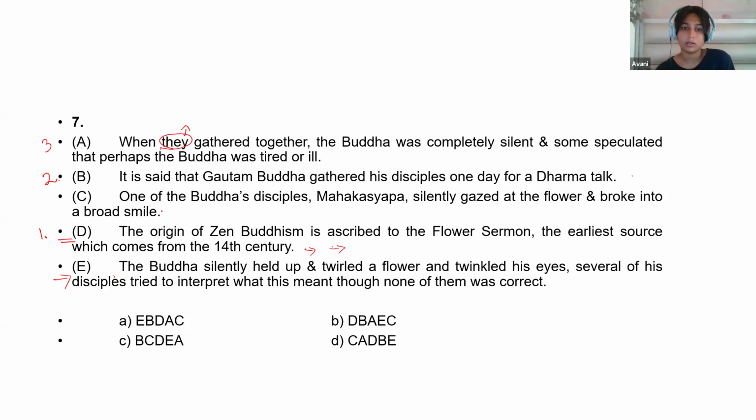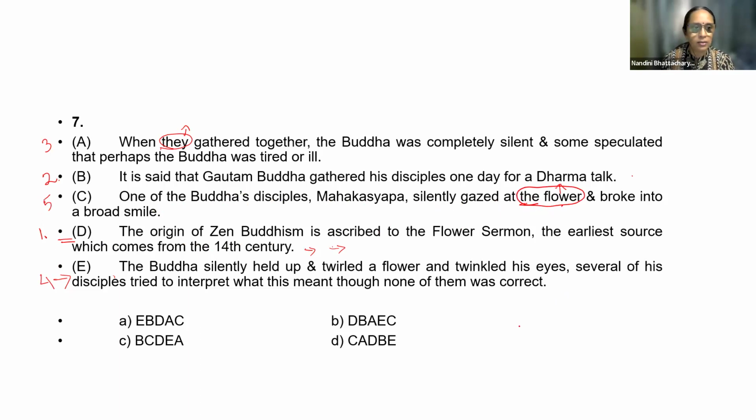So in C, it says one of Buddha's disciples silently gazed at the flower. So the flower should have come before, right? So we have E coming first and C coming last.